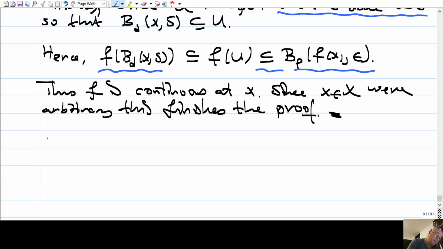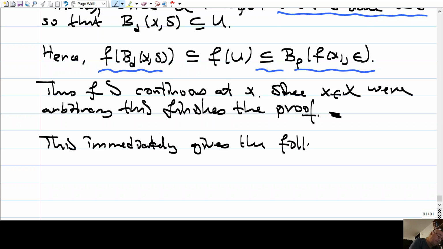Let me write it as a proposition. This immediately gives the following corollary, result, consequence. So, proposition.